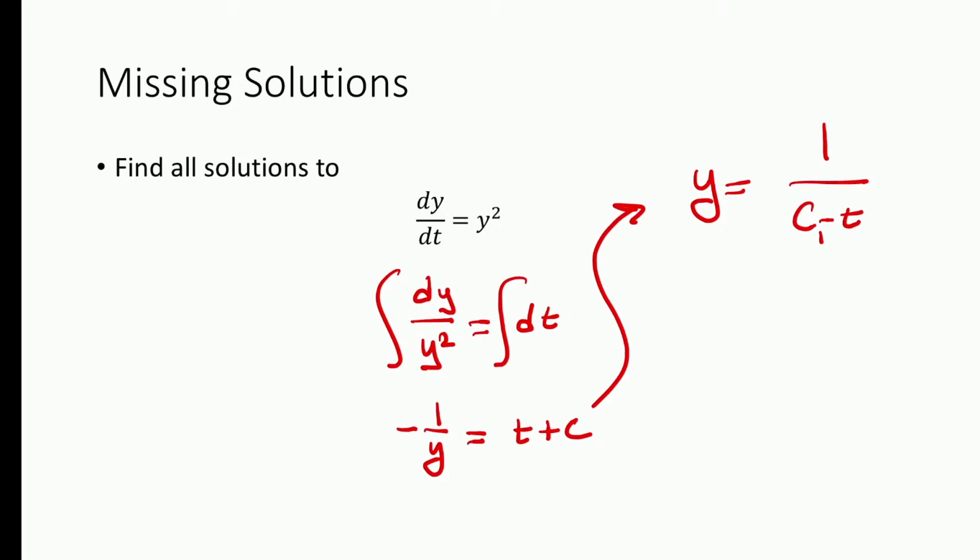That's not so important. You could do this yourselves if you went slower than me. But what I wanted to point out is that none of these are y equals 0. And so every now and then you're going to have a solution that does not appear in your general solution. So the general solution doesn't include the one obvious one that someone came up with early on. So that sort of thing happens with separable differential equations.